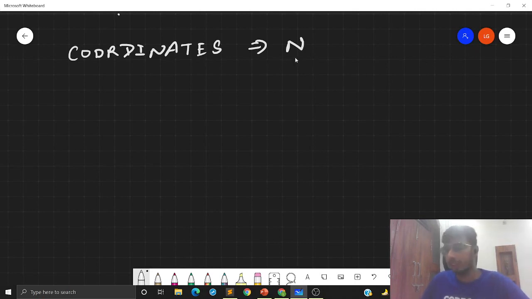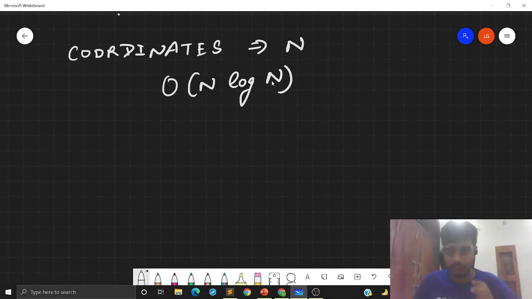And once I have the coordinates of all the endpoints, then using the closest pair algorithm in order n log n, I would be able to solve my problem, right? So this is just an overview of how we will be solving the problem.